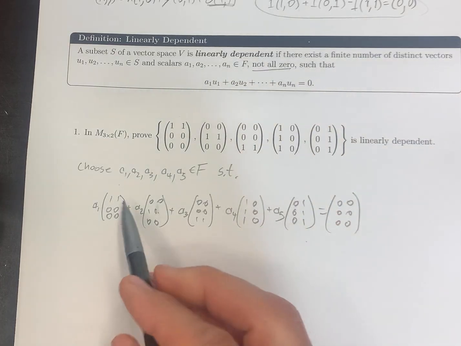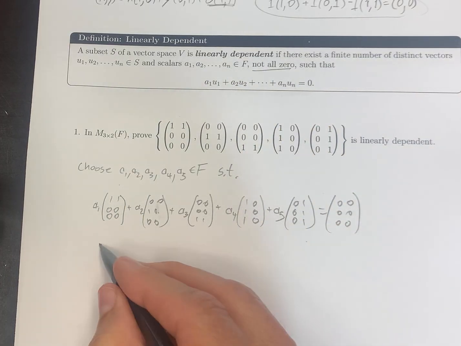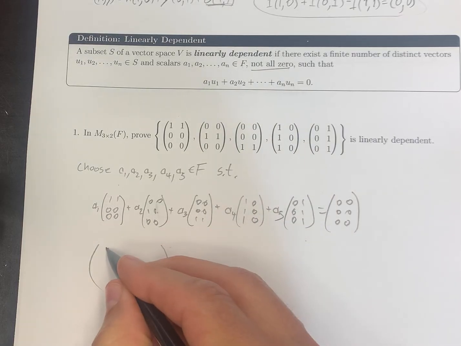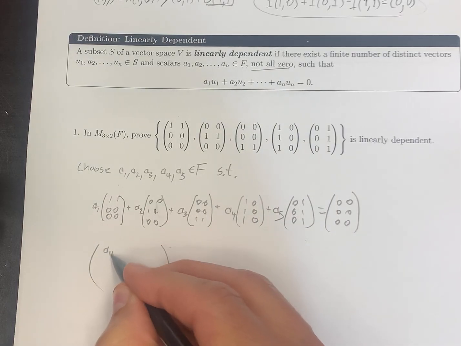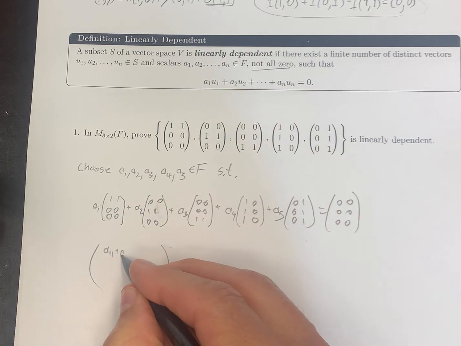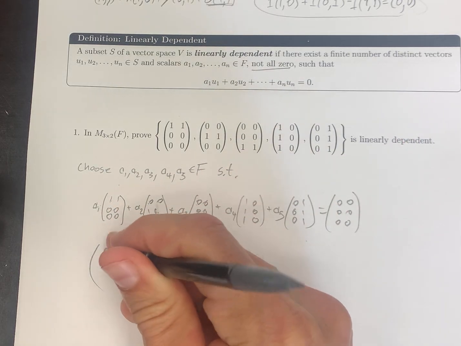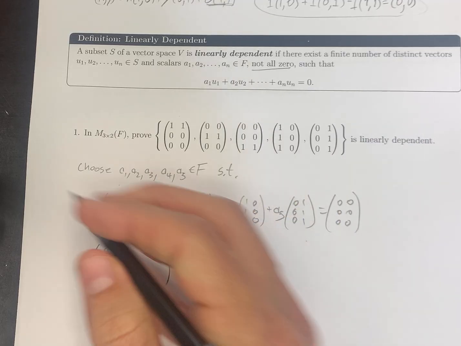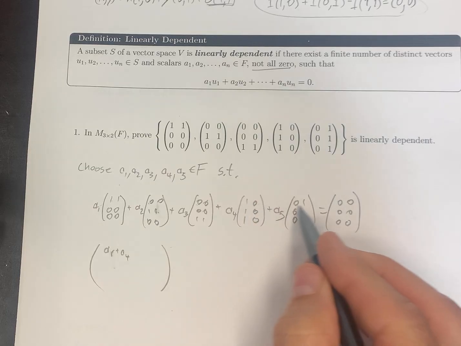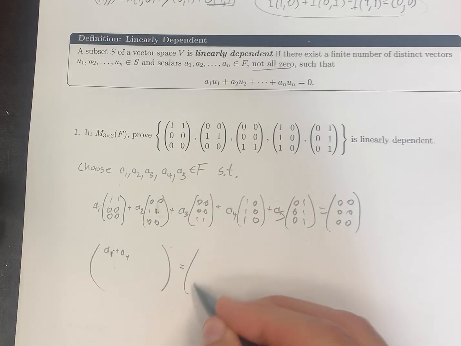And can you see that component by component, the left side is going to end up being a1 plus 0 plus 0 plus a4 plus 0, and that's all going to end up being 0.